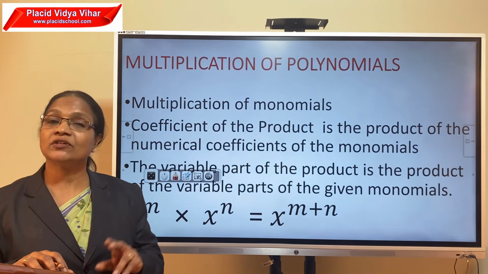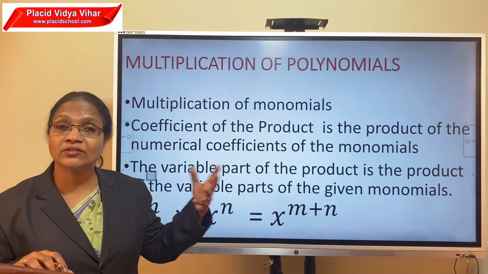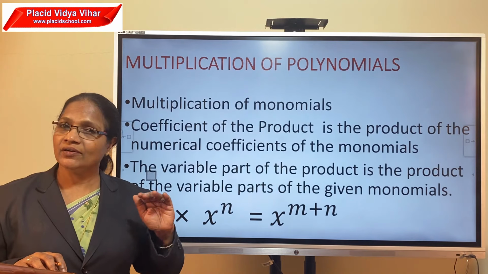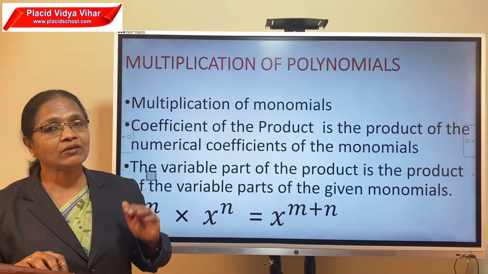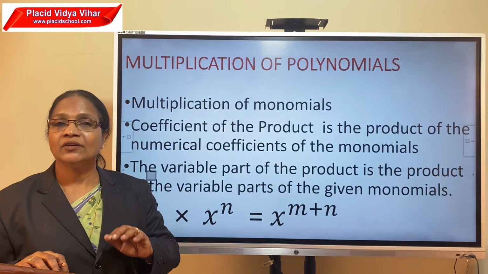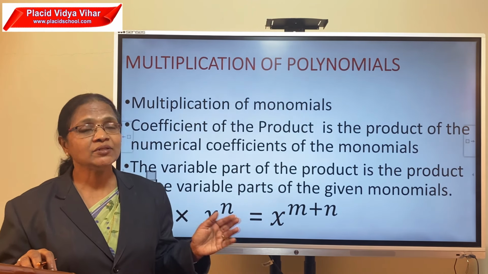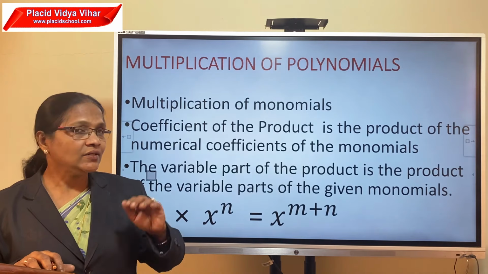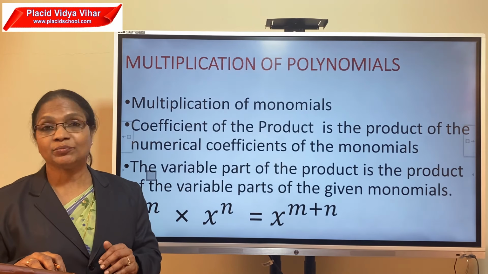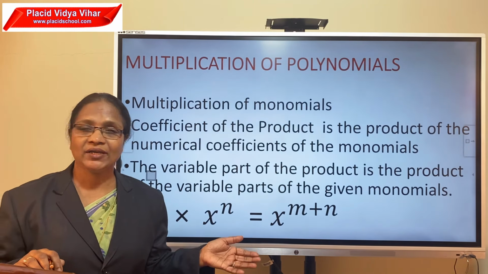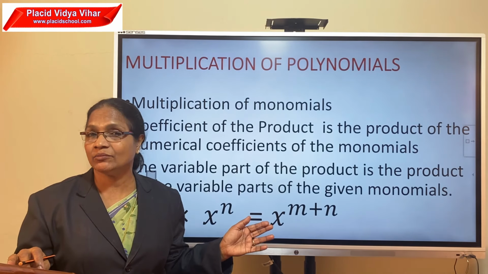To get the product of monomials, first, to get the numerical coefficient of the product, we have to multiply the numerical coefficients of the monomials. Again, to get the variable part of the product, we have to multiply the variable parts of the given monomials.